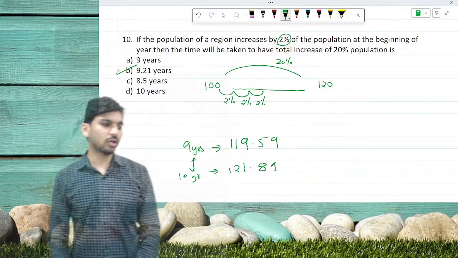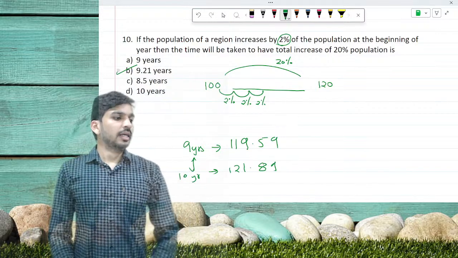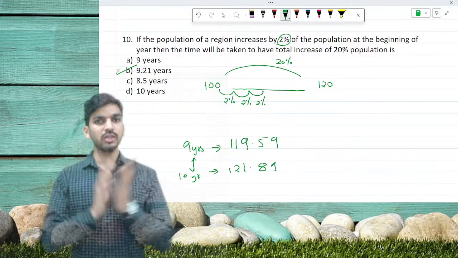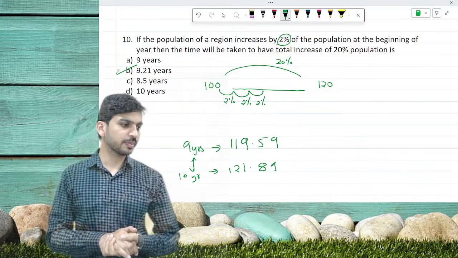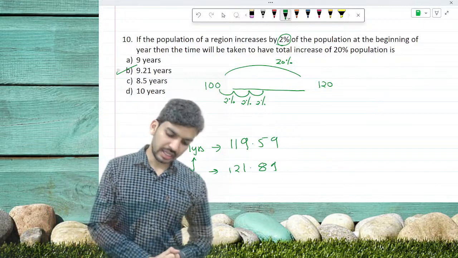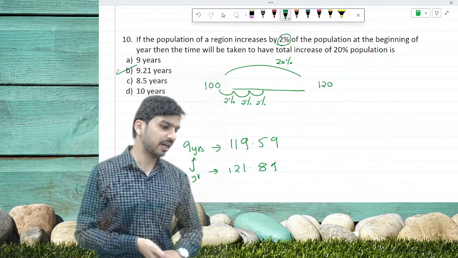So we are directly going to go with options. All of you understood this. We are assuming 100. Always assumptions should be made as 100.